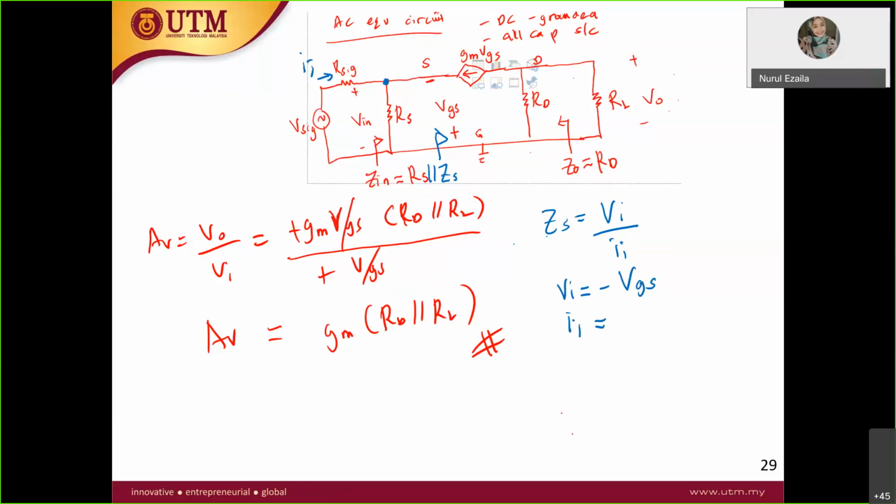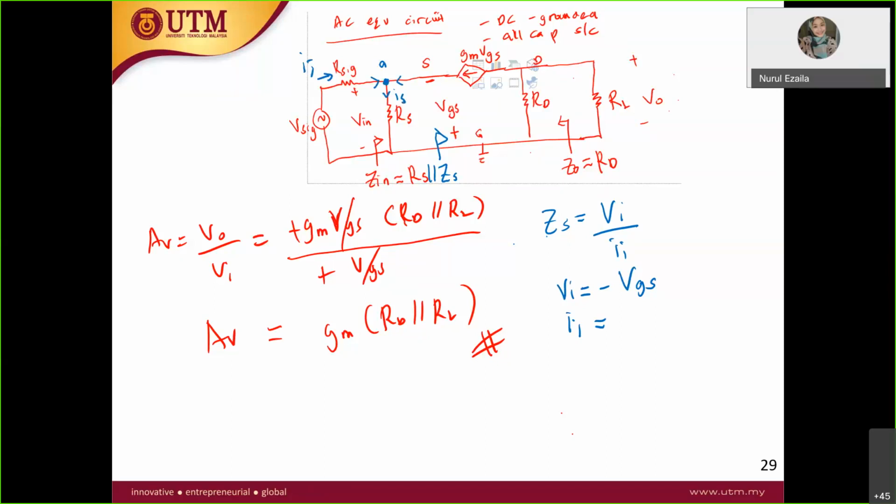Total current at node A. At that node, I in is going in, and then you also have going in GM VGS, and also you have current here, which is IS.